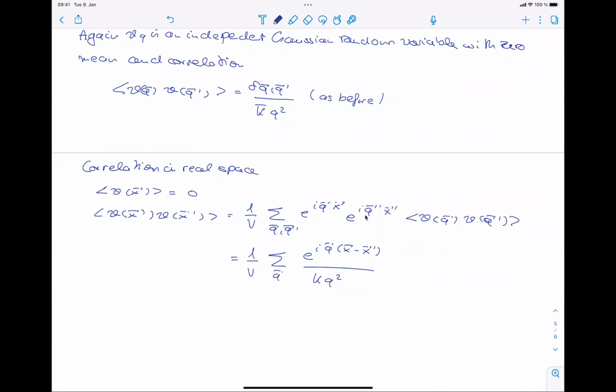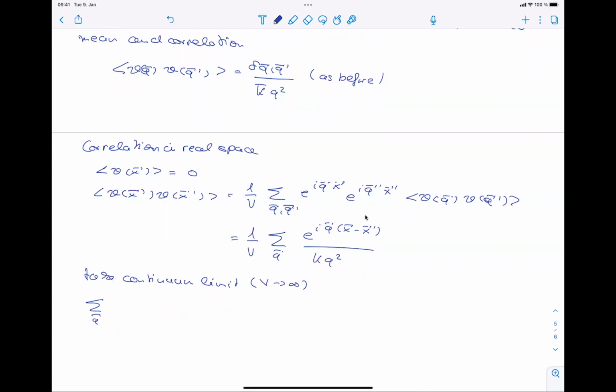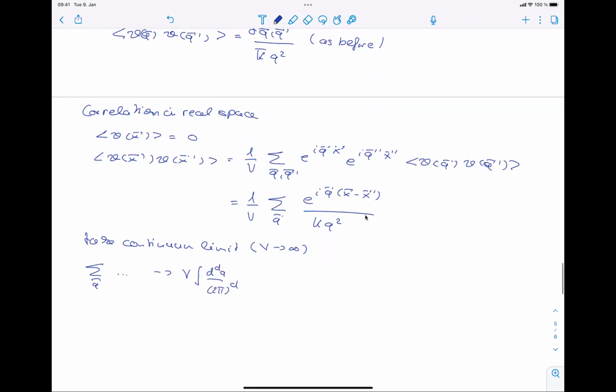This is still a sum of wave modes, so we want to take the continuum limit by sending the volume to infinity, such that the sum over wave modes becomes an integral over the modes within the Brillouin zone, and hence we can write the spatial correlation as an integral, the v's cancel, d^d q over 2 pi to the d, e to the i q x, over q squared.